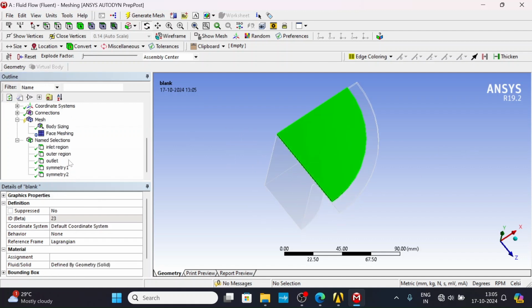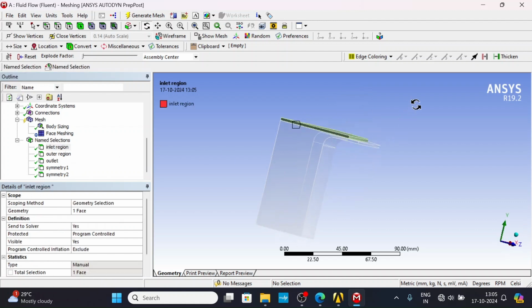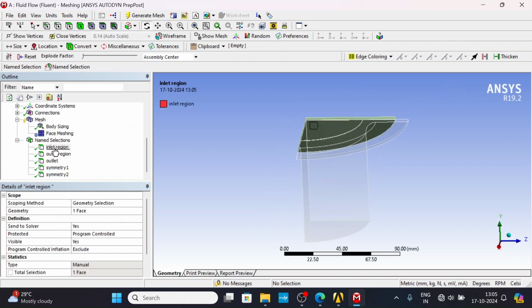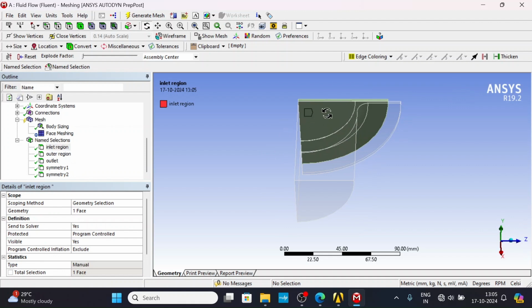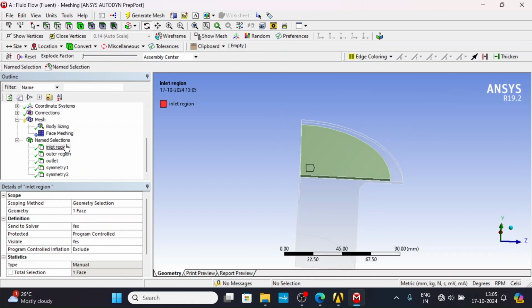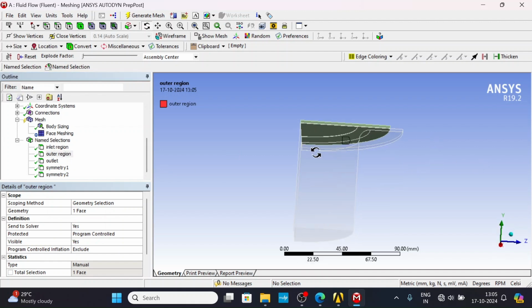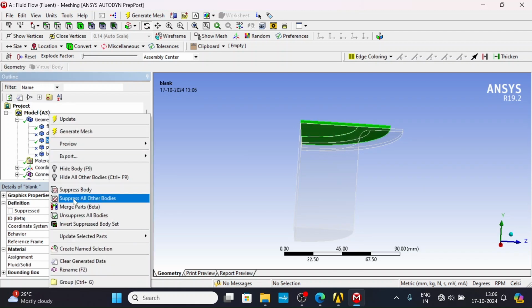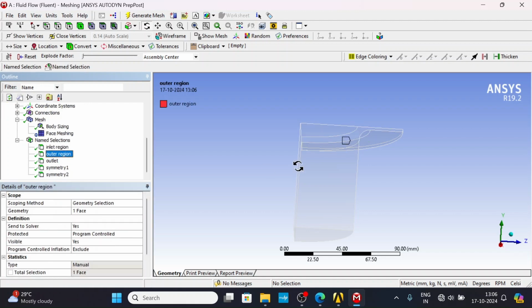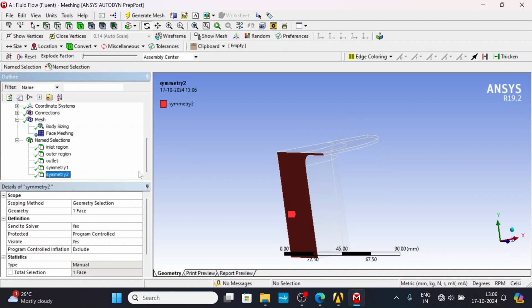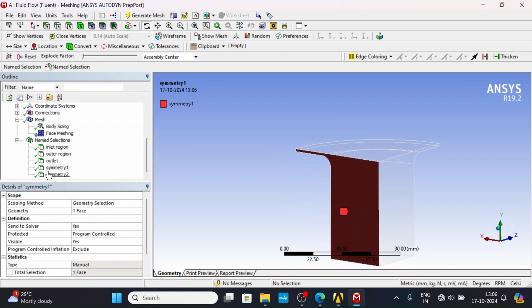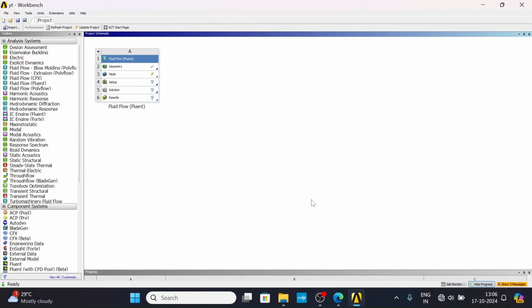So our inlet region covers some part of the blank which corresponds to the punch area, and this outer region covers the remaining area of our blank. Suppressing the body. So this is the outer region, and this is the outlet, symmetry 1, symmetry 2. Now closing the window.